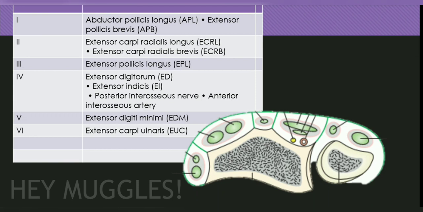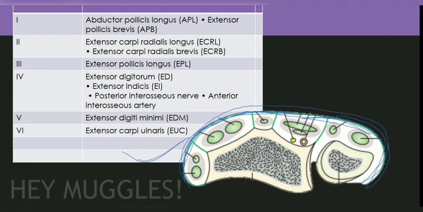So let's understand the compartments of extensor retinaculum with this diagram. The outermost structure, the structure in green, is your extensor retinaculum.